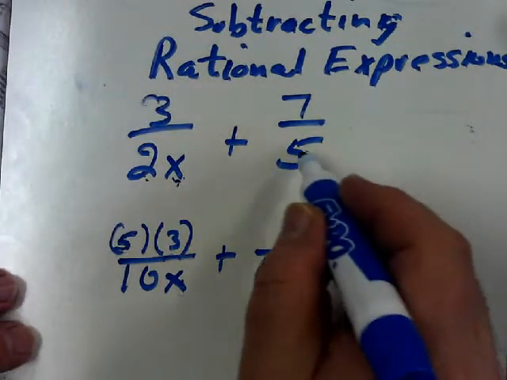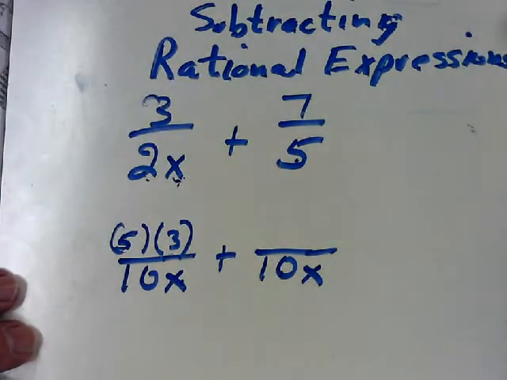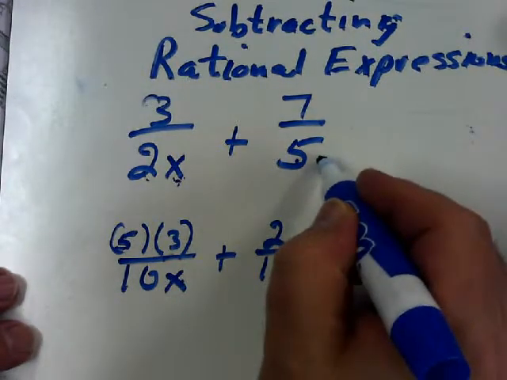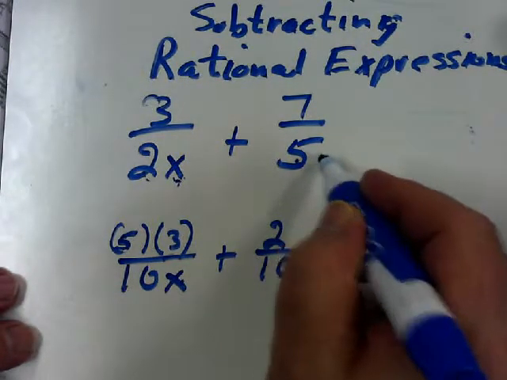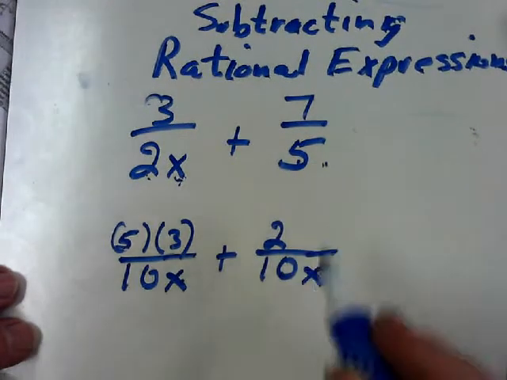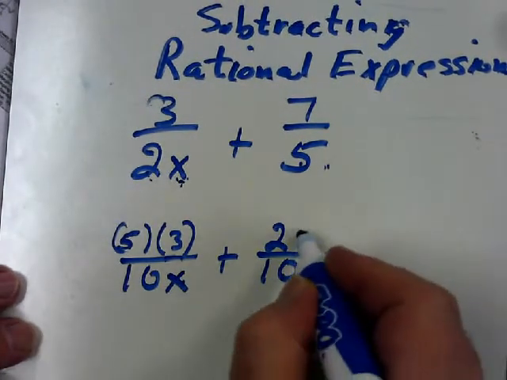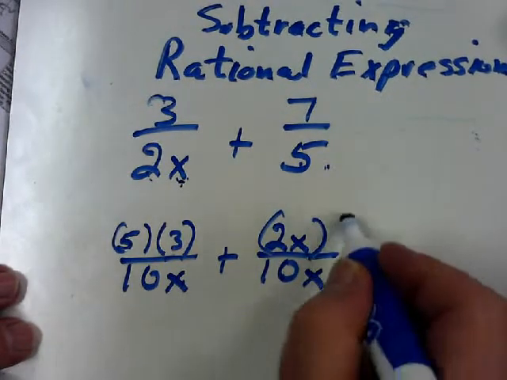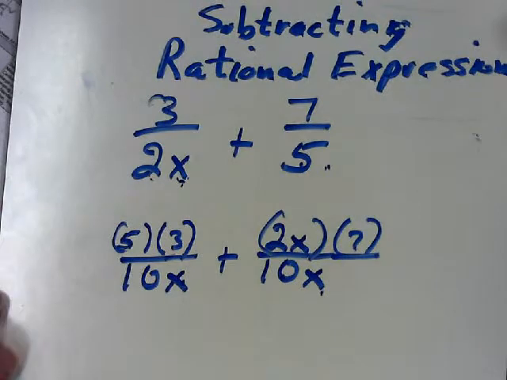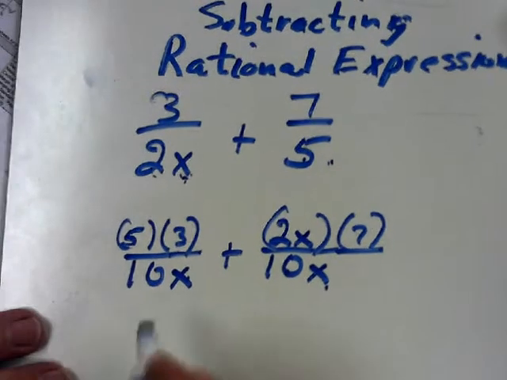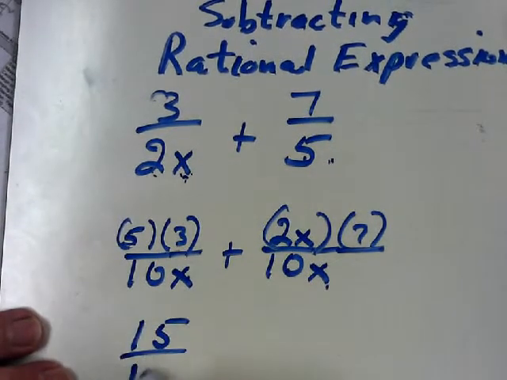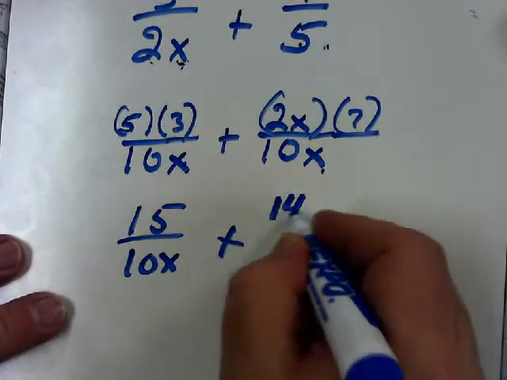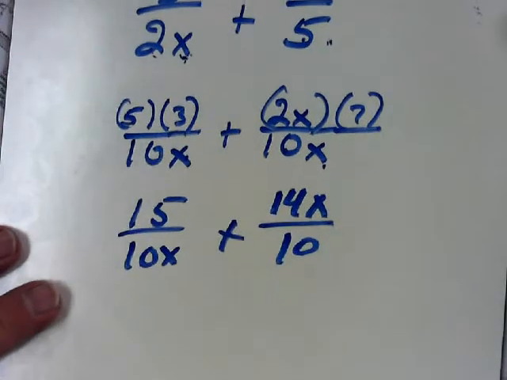What do I have to multiply the 5 by to get to 10? 2. I don't have any variable here, so what do I have to multiply that by to get to x? An x, don't I? So I have to take 2x times 7. That's going to give me 15 over 10x plus 14x over 10x.